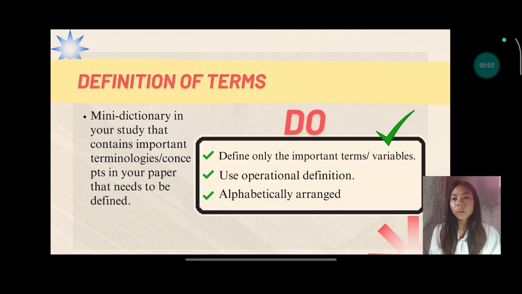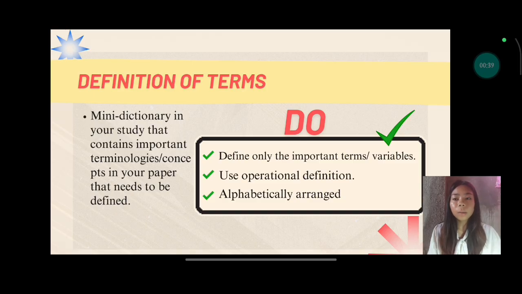So the definition of terms is a mini dictionary in your study that contains important terminologies and concepts in your paper that need to be defined. Meaning, it's like a mini dictionary in your research paper that explains or defines important concepts that the readers need to understand in your research.